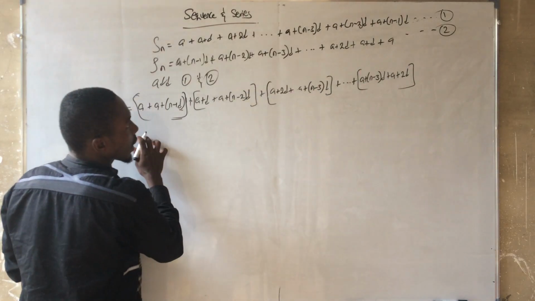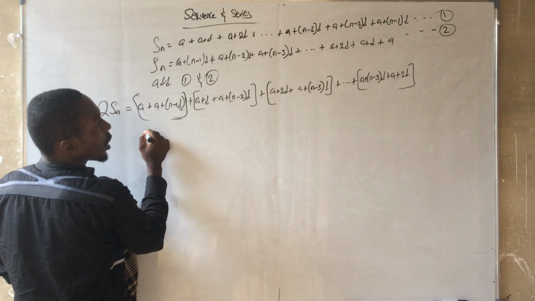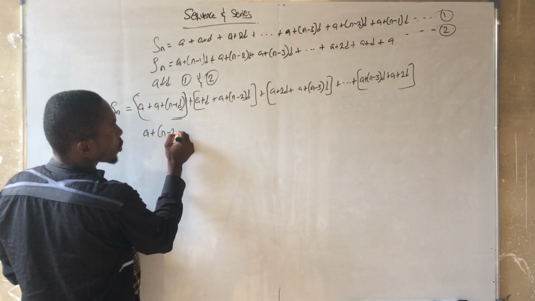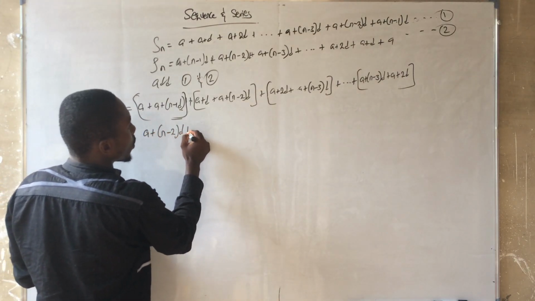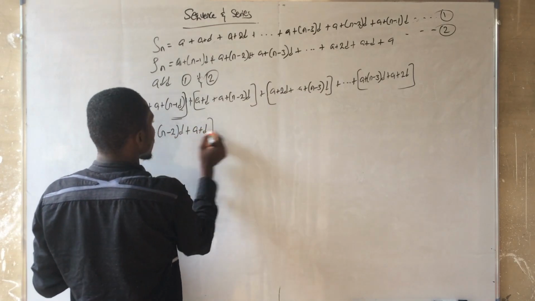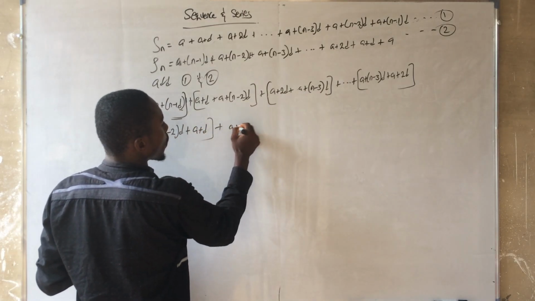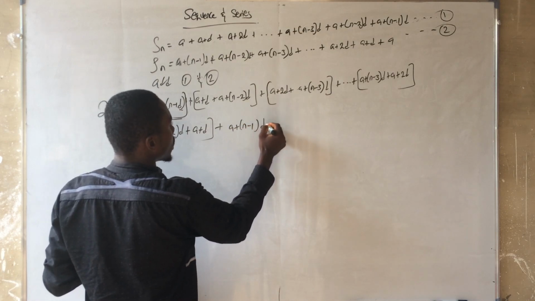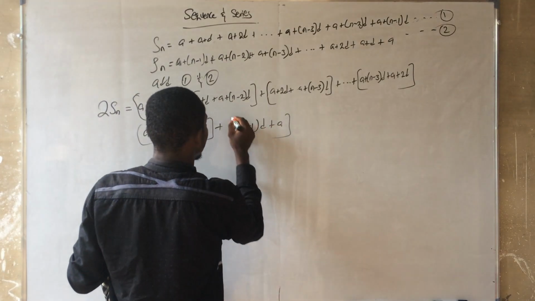I'll now come down here again and I'll say a plus n minus 2d plus a plus d. I'll now say plus again a plus n minus 1d plus a.